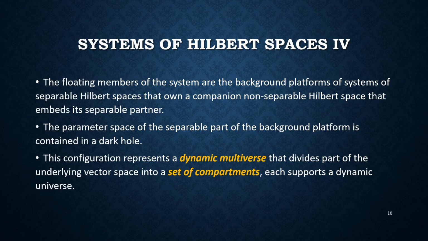The floating members of the system are the background platforms of systems of separable Hilbert spaces that own a companion non-separable Hilbert space that embeds its separable partner. The parameter space of the separable part of the background platform is contained in a dark hole. This configuration represents a dynamic multiverse that divides part of the underlying vector space into a set of compartments, each supports a dynamic universe.